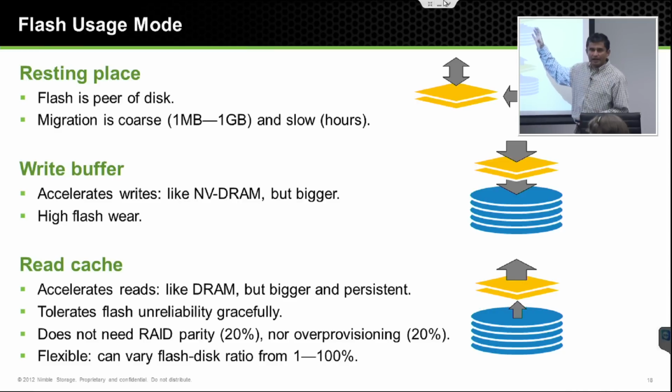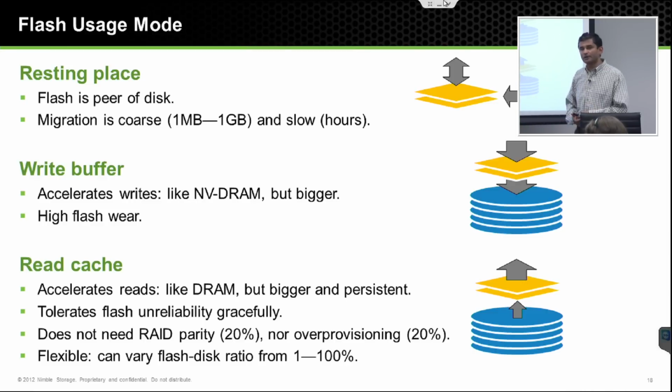The problem here is that it works well if the workload is relatively static. But if the working set is shifting with time, as it does with email, for example, where it's the last few days' worth of email that is hot, then the system has to migrate data between the flash and the disk tiers. And that migration is expensive because it's changing the home location of the data. Whenever it migrates data from disk to flash, it has to kick some data back from flash to disk.